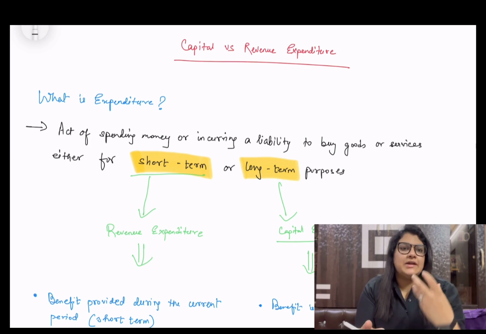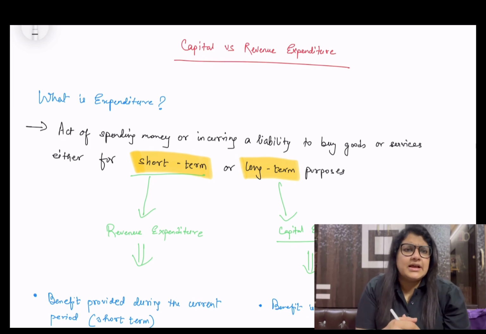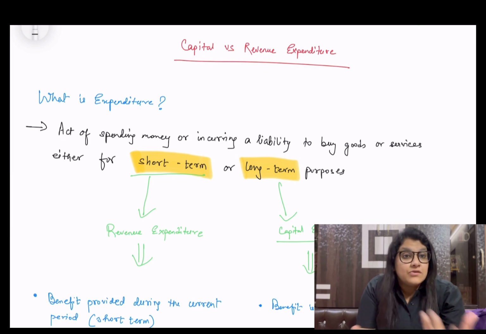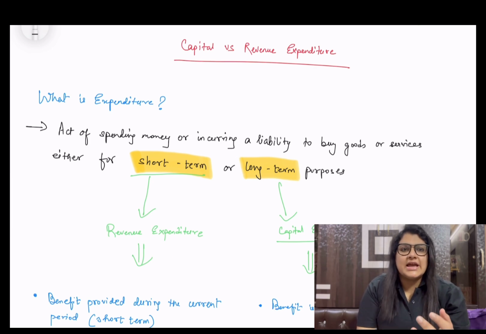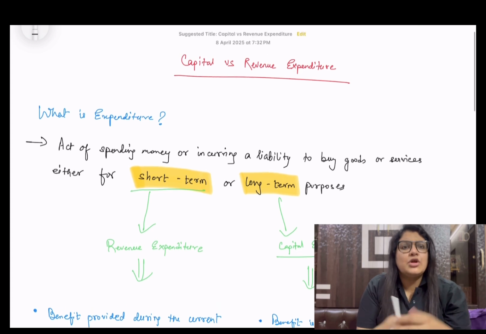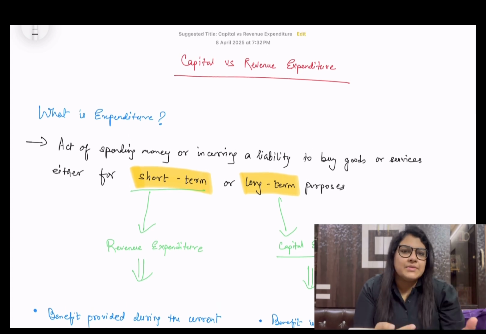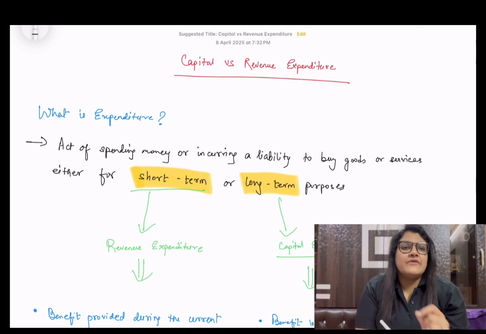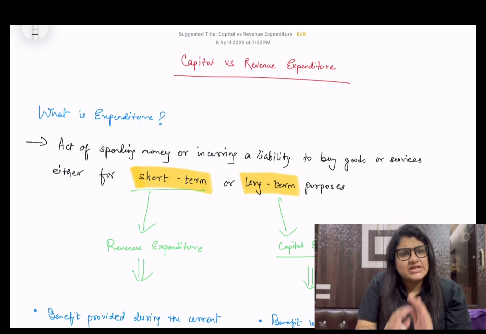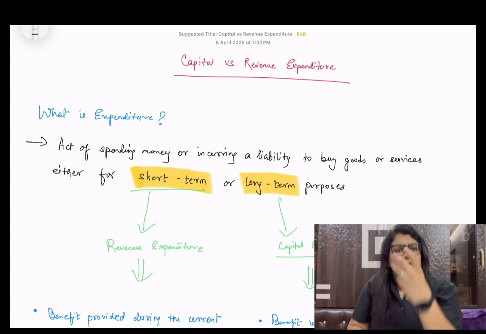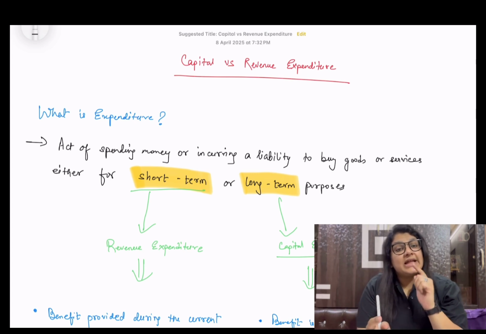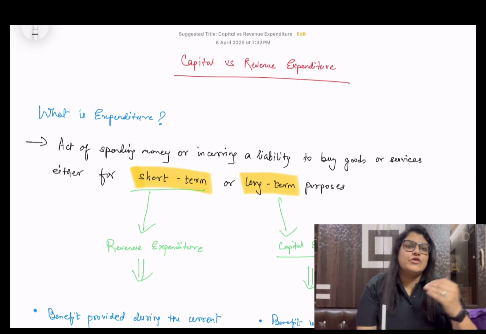Expenditure is an act of spending money or incurring a liability, because it can happen that you have purchased goods, say for example a machine, but you haven't made the payment. If you haven't made the payment, what would it mean? The liability will be there. You will have an obligation to pay. That is why expenditure is an act of either spending money or incurring a liability to take any goods or services. It can either be for a long-term purpose or for a short-term purpose.